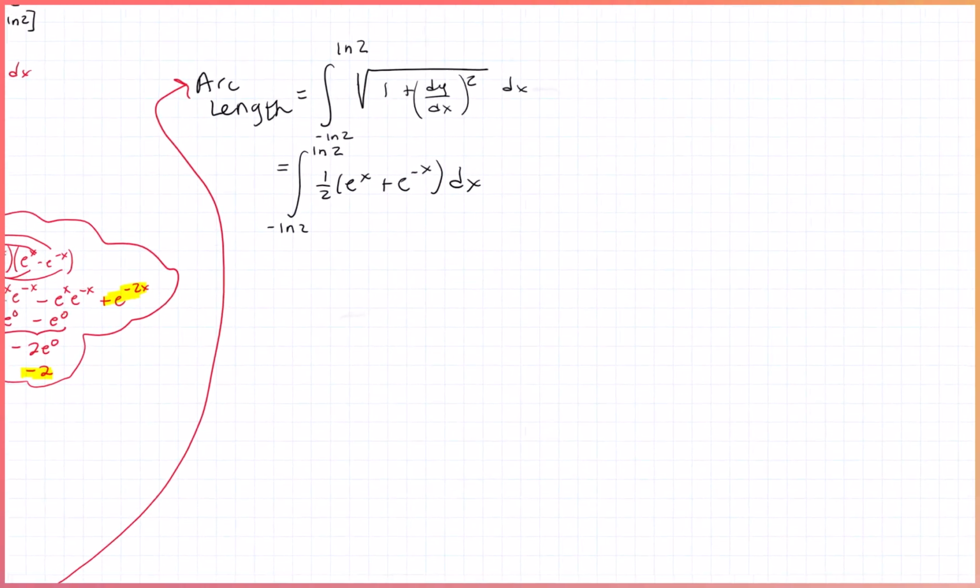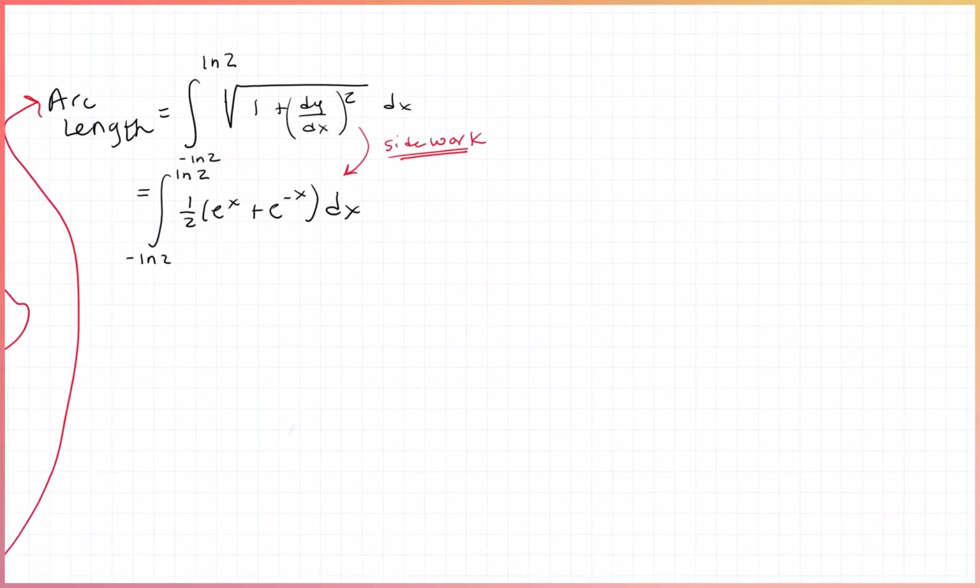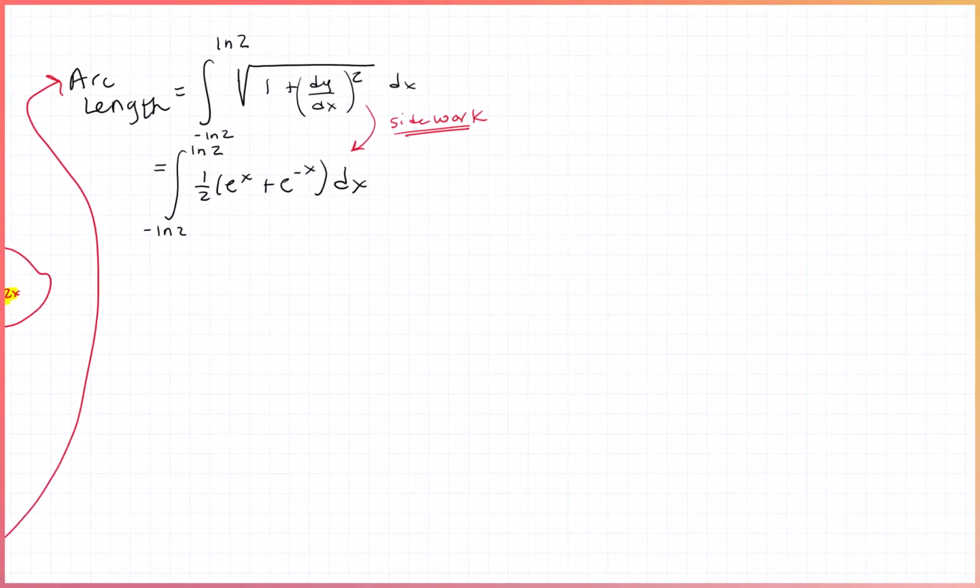And that integral, since I've already done all the work to simplify, that was all my side work, and it was some pretty intense algebra side work, but we already did it all, and so now all we have to do is integrate.